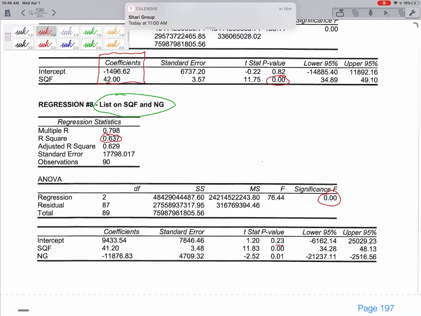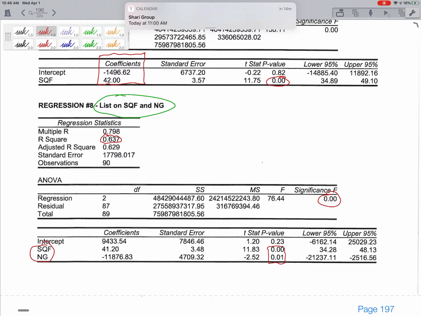And then if you take a look down here, you'll see that the p-values for both of these variables, SQF and NG, are significant. So that means that there's a significant difference in listing price of houses between those heated by natural gas and those not heated by natural gas. Now, let's take a look here at the coefficients.